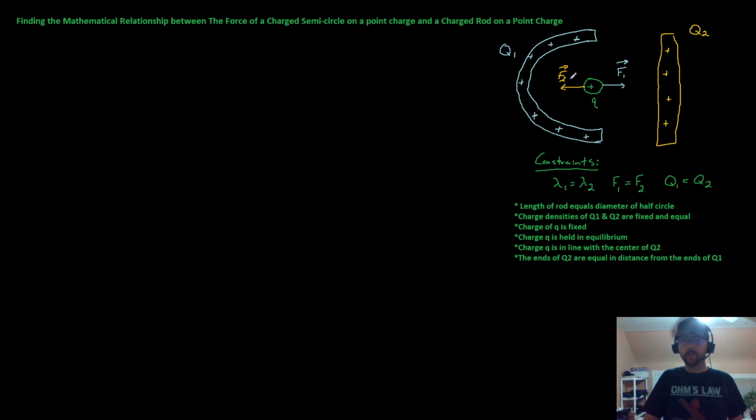These two forces, F2 equals F1. Charge Q is in line with the center of Q2. That's kind of given from the other givens. The ends of Q2 are equal in distance from the center of Q1, meaning it's lined up nicely.